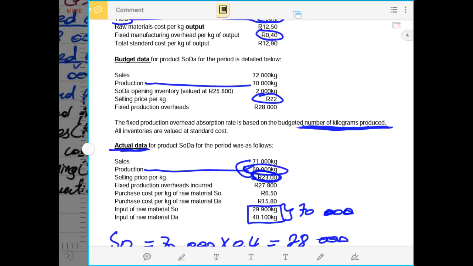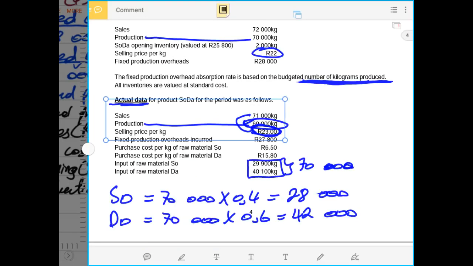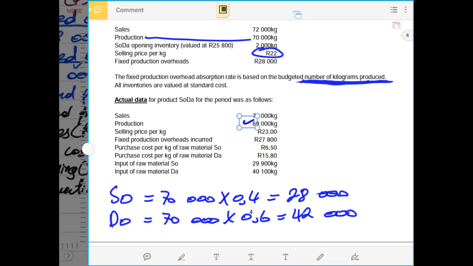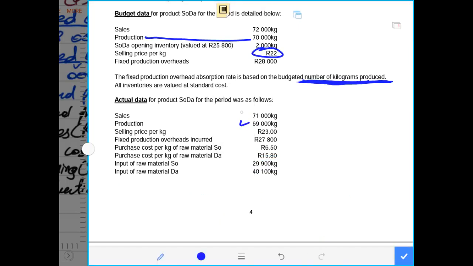Just to emphasize once again, because in our actual information our sales were greater than our production, where we produce 69,000 but we sell 71,000, meaning there must have been some opening, which we calculate by opening plus production minus sales is equal to closing.